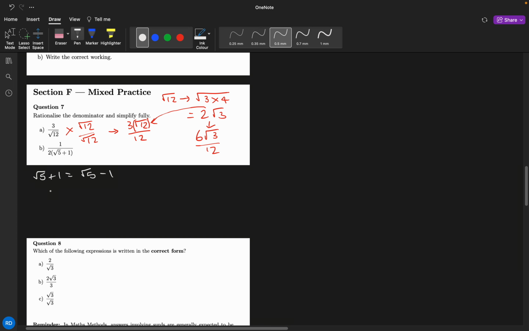So we're going to do 1 on 2 root 5 plus 1 times root 5 minus 1 on root 5 minus 1. So expand this out. Root 5 plus 1 multiplied by root 5 minus 1 is going to turn into 5 minus 1 squared, which is, remember, we've got a squared minus b squared.